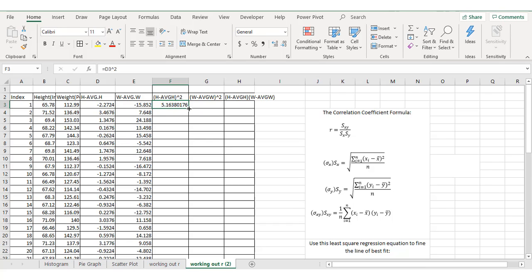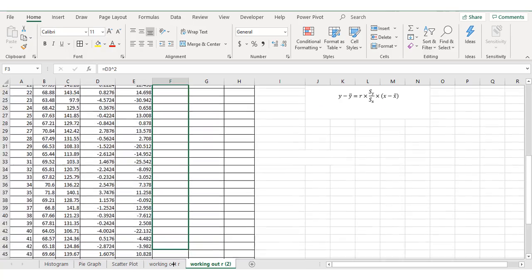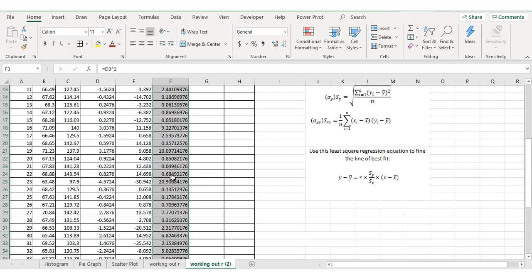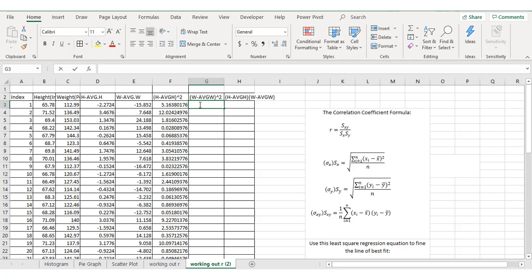Click this cell, find this plus. Drop down. Then we will do the same thing over here. Equal sign, don't forget. Then square. Enter. Drop down.